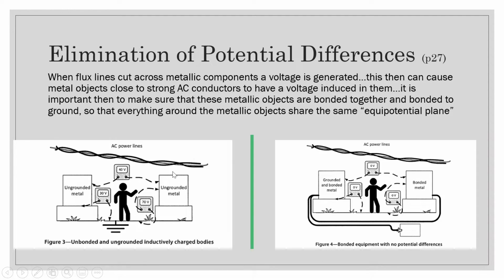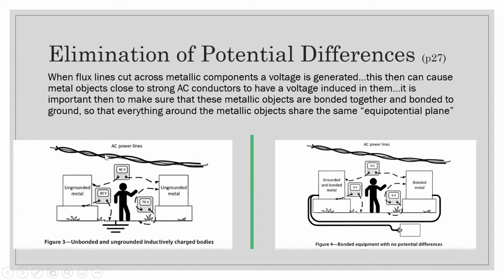The density is related to the distance. So you'll notice that this metal object is at 70 volts, closer to the power lines, whereas this metallic object, further away from the flux lines, is going to have less voltage induced in it. Now there is a difference between this point and this point of 40 volts.